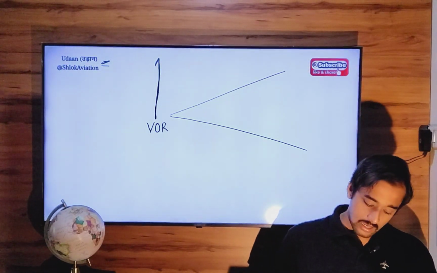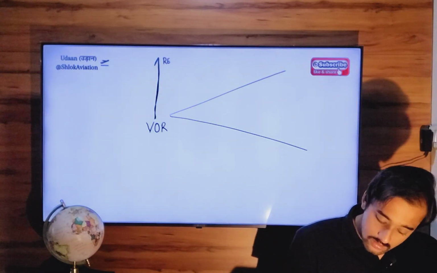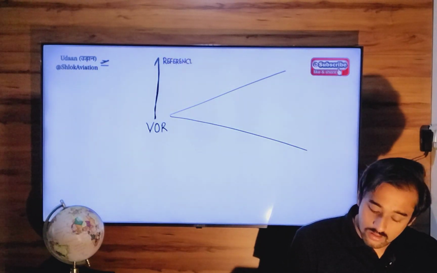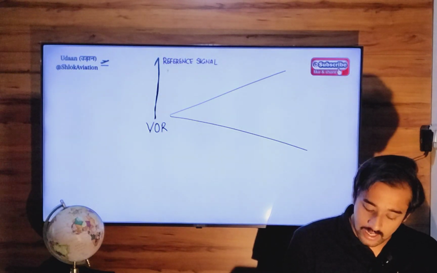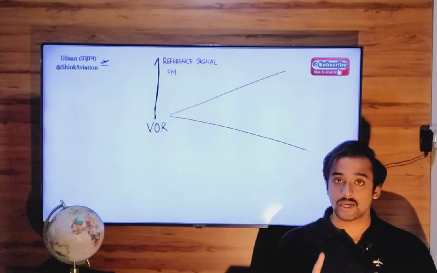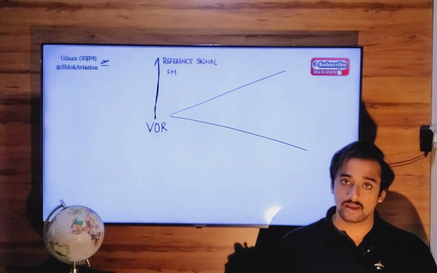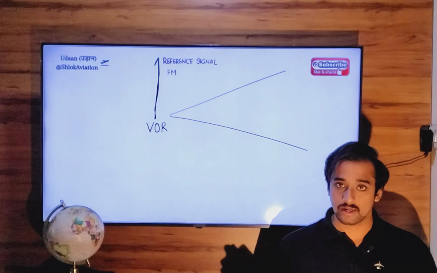One is the reference signal, which is frequency modulated. It is fixed in direction, which is magnetic north. The other signal is a variable signal which rotates around the VOR, and it is amplitude modulated.